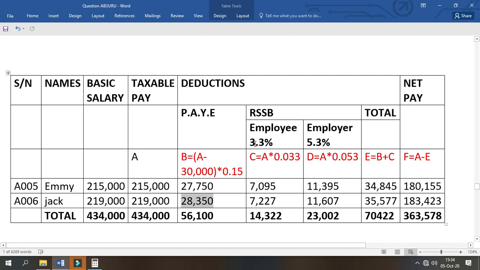So in order to obtain those contributions, we take the taxable pay and multiply by 3.3%.